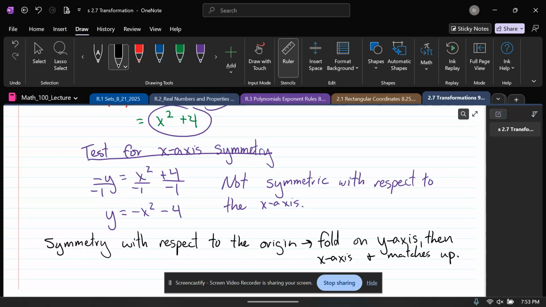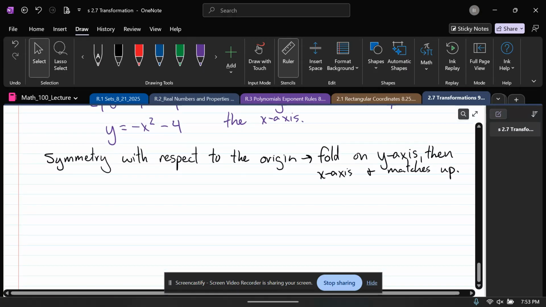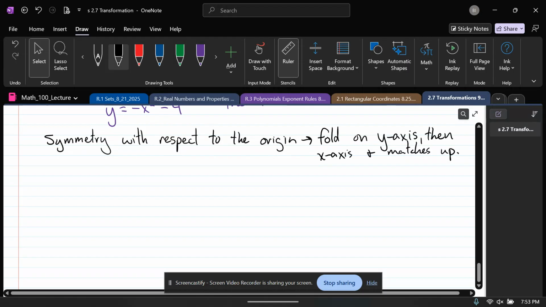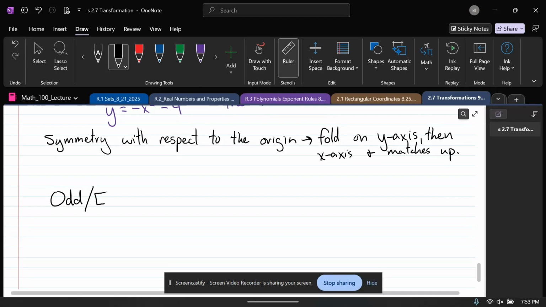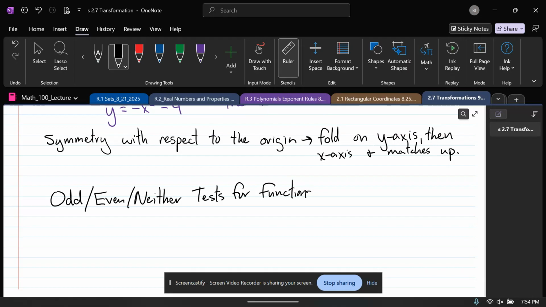Now, here's the neat thing that comes along with this, and that is the odd, even, and neither tests for functions. And this is the last thing of the lesson, okay? So functions can be odd, even, or neither, just like numbers can. We have odd numbers, we have even numbers, we have zero that's not odd or even.